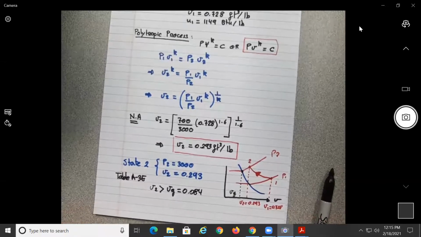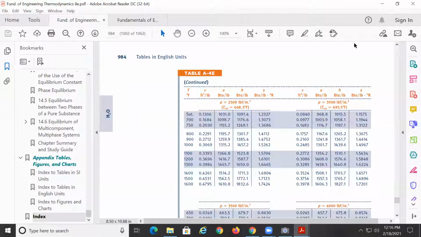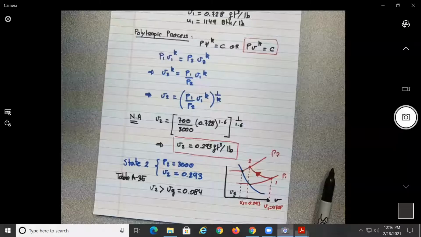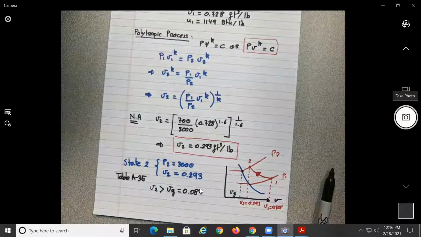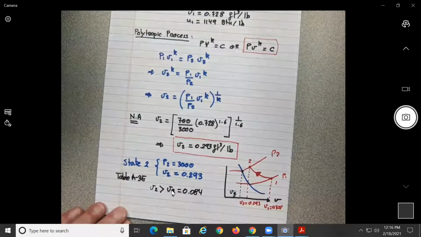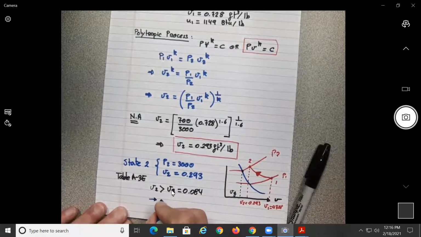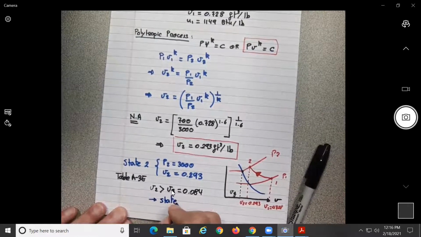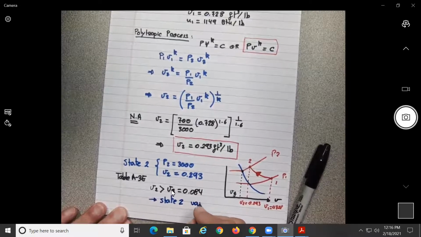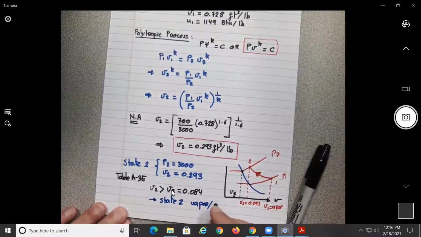Let's go back over here. So basically we know that V2 is higher than VG. So the conclusion from this line over here is that state 2 is vapor or gas.